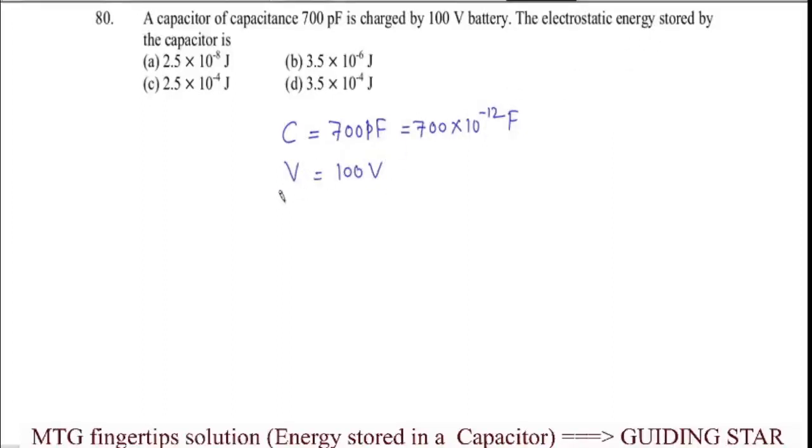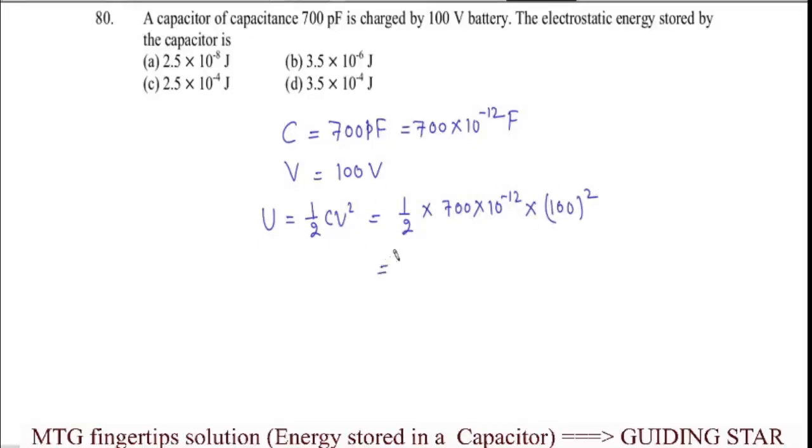So finally, what will be the energy stored across the capacitor? Energy stored will be nothing but U equal to half C V square. So half, capacitance is 700 into 10 to the power minus 12, into voltage supply 100 square.